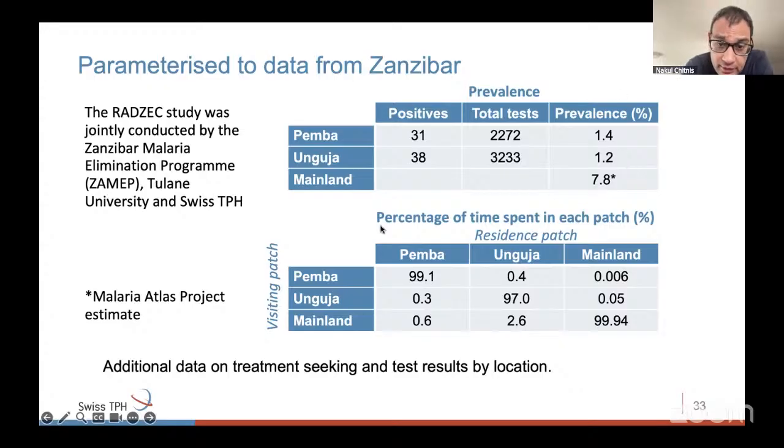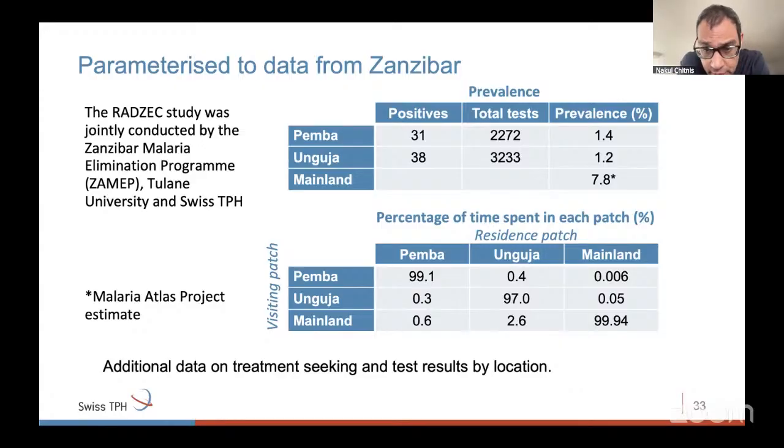We also had some data from a survey where they went around asking people, of the last 7 nights, where did you spend each of your nights? Malaria transmission usually happens at night, so it makes it easier. You don't need to know how much time you spend in different places, but really where you are spending the night. So from there, we know for each of the residents where they spend their nights.